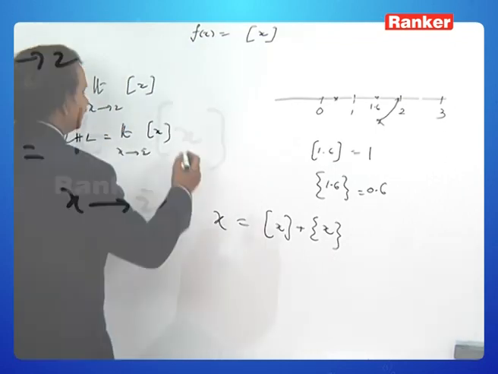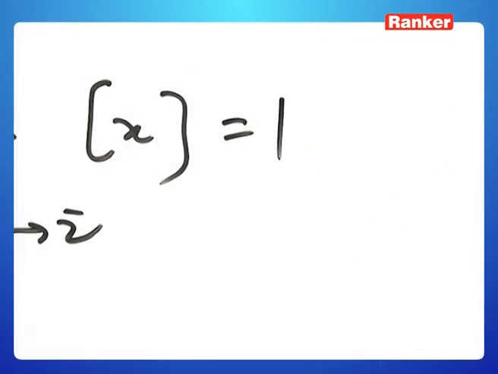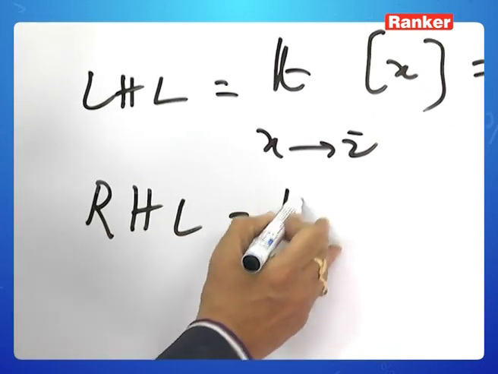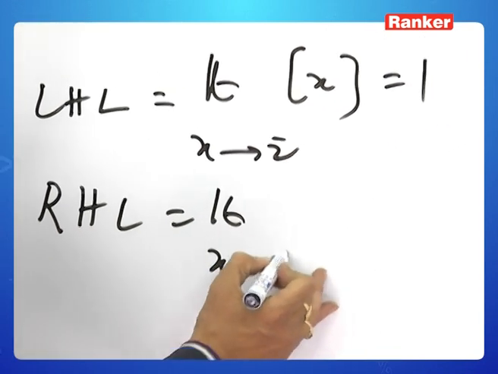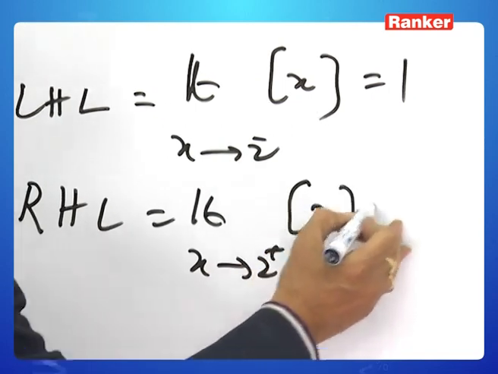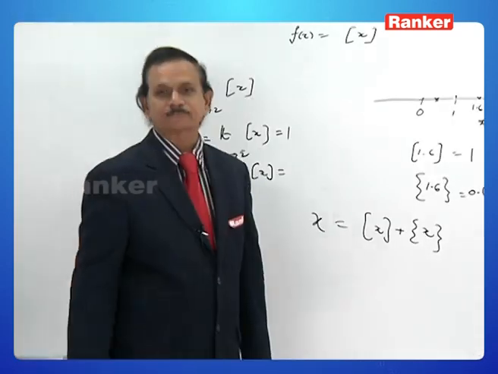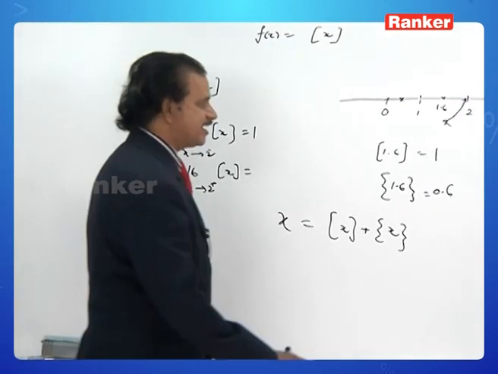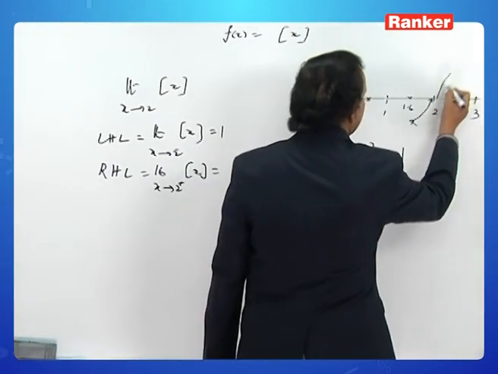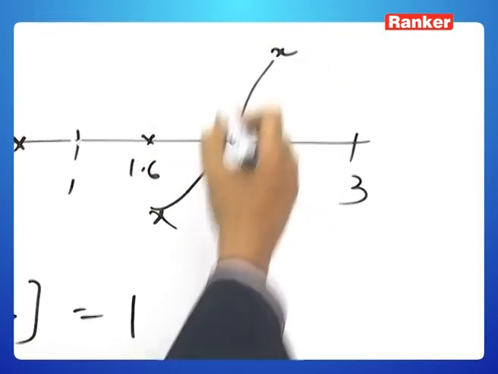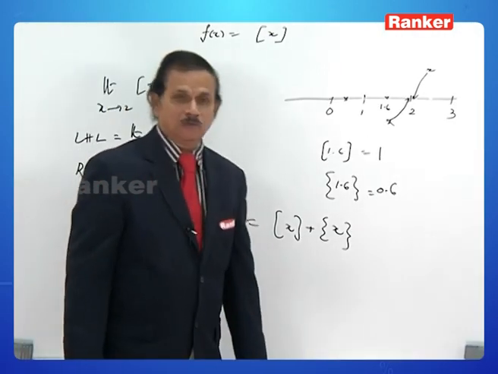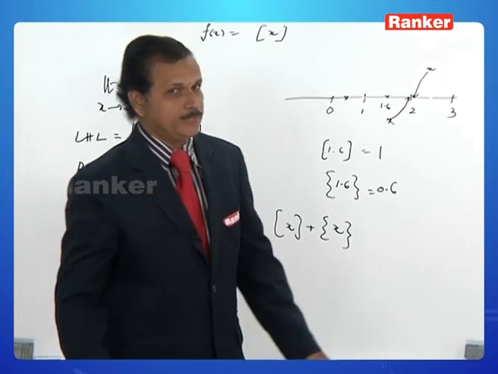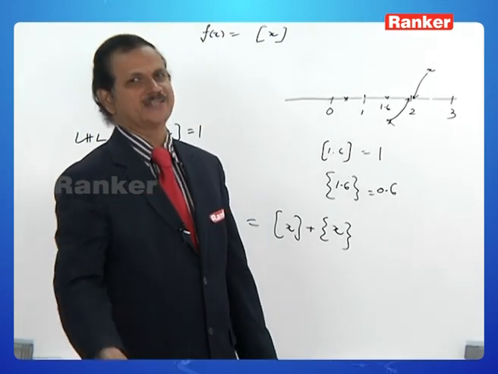Hence, the left hand limit is 1, whereas the right hand limit is the limit as x tends to 2 from the right of integral part of x. What do you say about that? In considering this limit, where should x lie? x lies here, say. So what can you imagine in the place of x? More than 2, very near to 2, that is, to the right of 2.